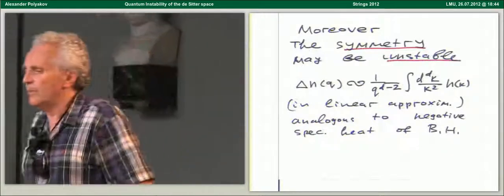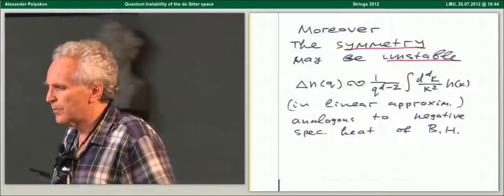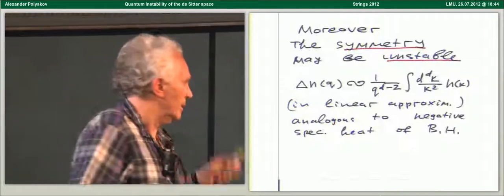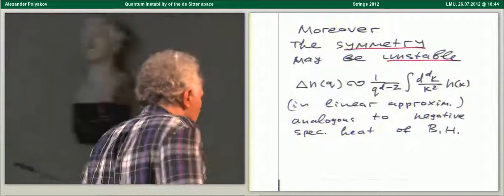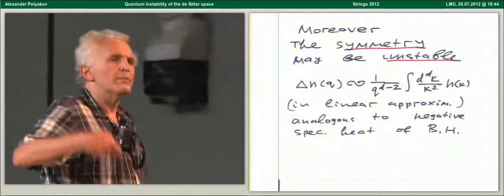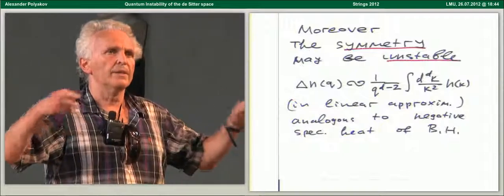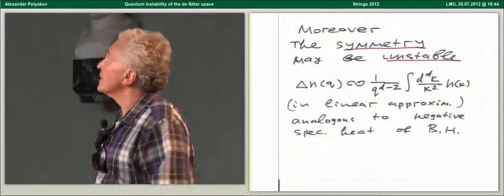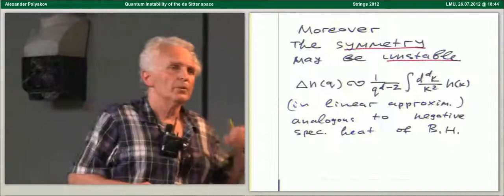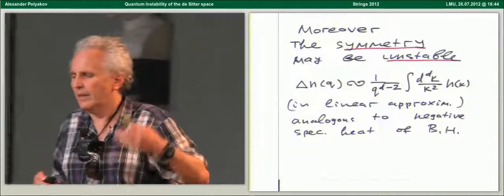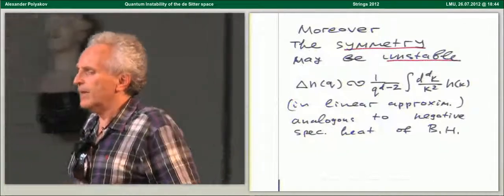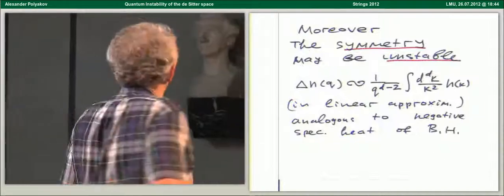However, there is a simple calculation which you can make in the Poincaré patch, which shows that although the symmetry is unbroken, so all Feynman diagrams have this symmetry, it is unstable. Imagine that we vary a little bit the occupation numbers.